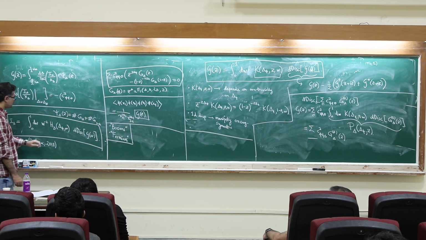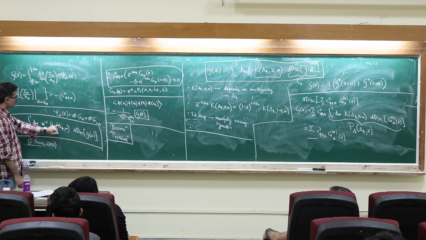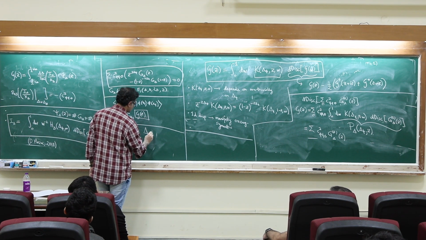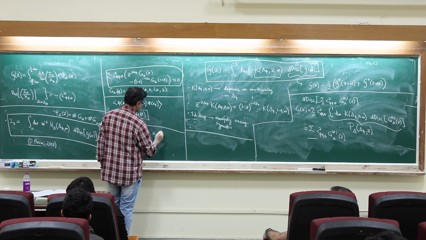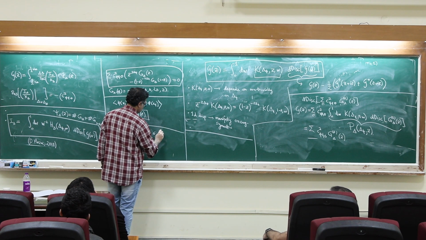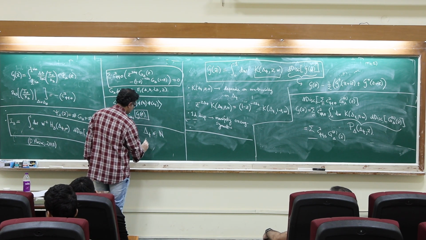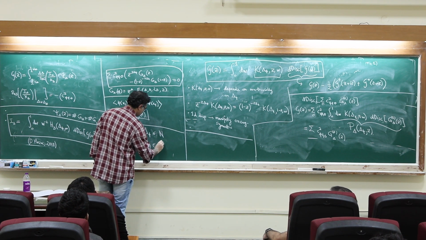But one can find explicit, closed form expressions for this kernel when the delta phis take special values, let's say positive integers, or when delta phi is half integers.